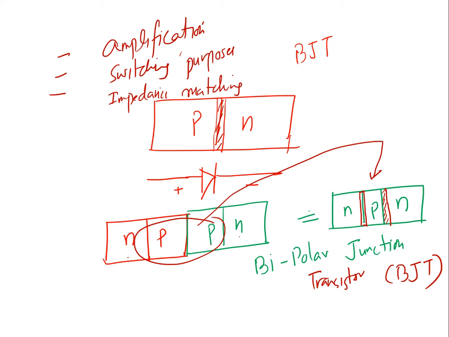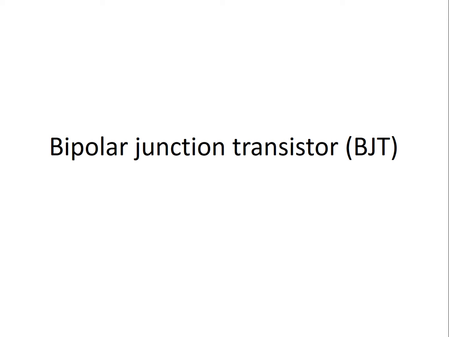This chapter focuses on the operation of the BJT: if we make the bipolar junction, how it will operate, what the different kinds of bipolar junction transistors are, and how we can analyze them using DC biasing and AC biasing. That is the main focus of this chapter.